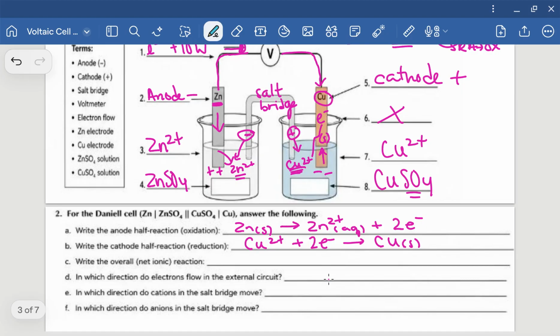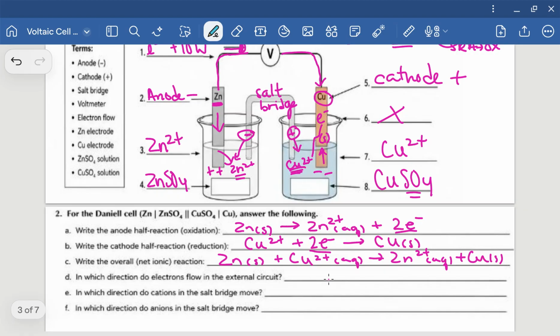Now, because our electrons are already balanced, we can add these 2 half reactions together. If our electrons weren't balanced, we'd have to do that first before we can add them. And once we have that, we can see our full reaction of what's happening within the cell.